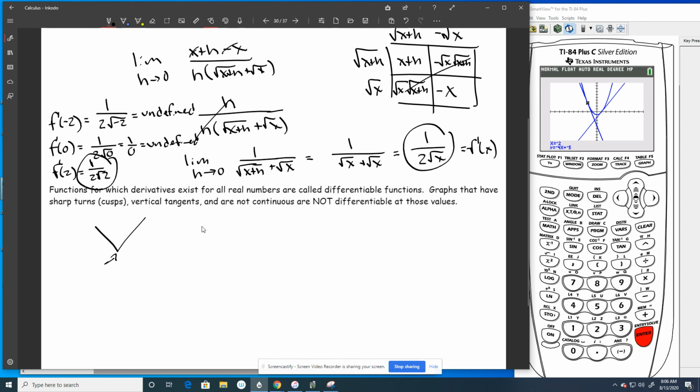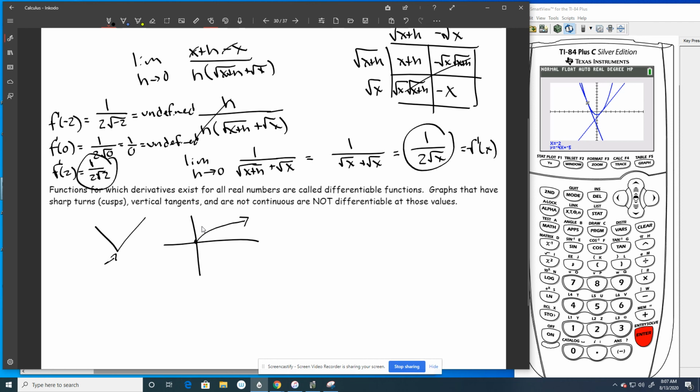If it has a vertical tangent, or if it's not continuous. For example, the square root function. This is not continuous because as I come to the left, I have to stop at 0. It doesn't keep going. So functions like this, sometimes you can find a derivative, but that doesn't mean it's differentiable everywhere.